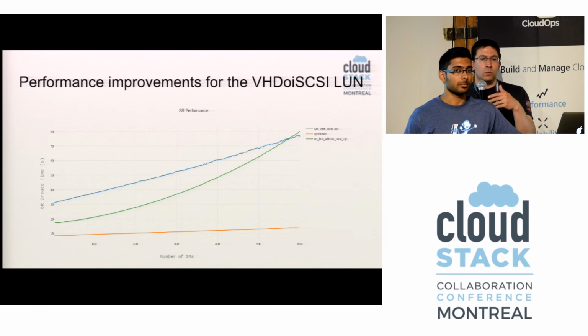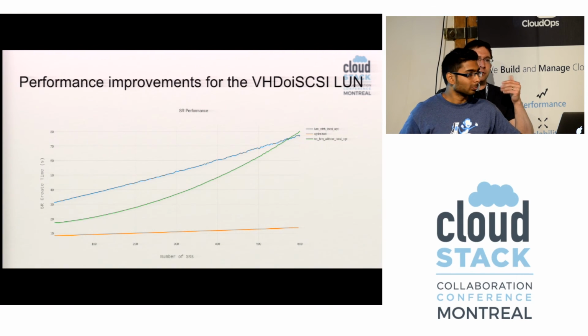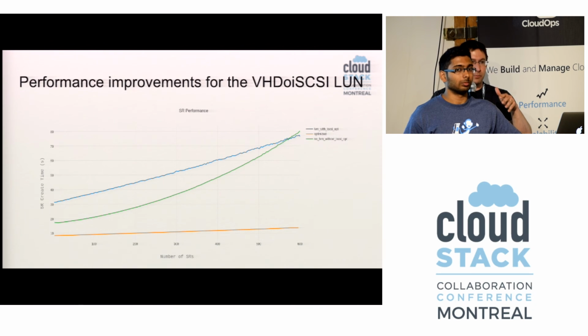So maybe one SR takes 10 seconds to make, 600 takes maybe 10 or 11 seconds. It might go up slightly, but it's not going to be an exponential increase in time, but you will see more of a linear progression with his scaled down, no LVM approach, which hopefully will be in version 4.10.